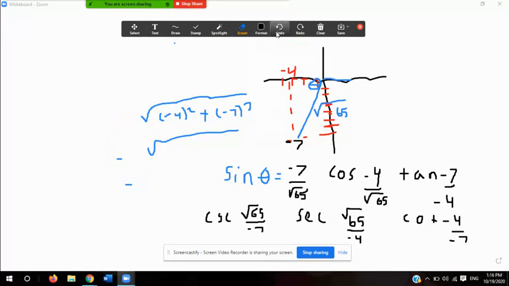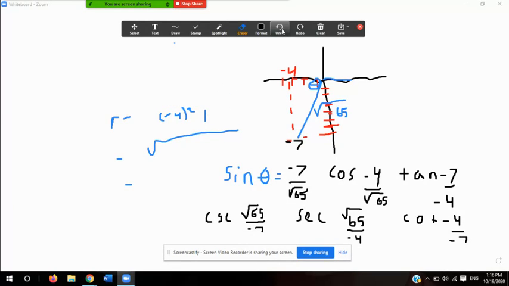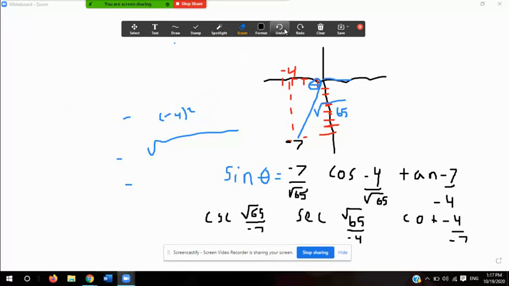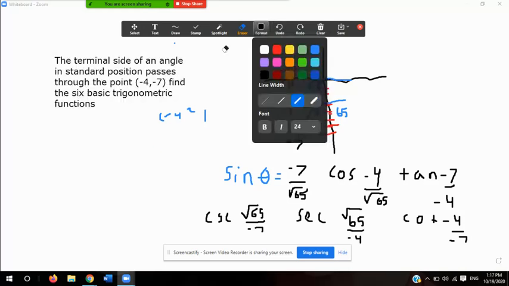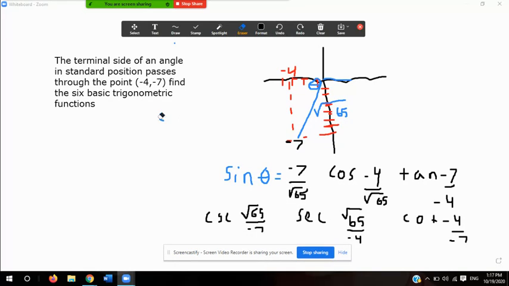And of course, we have the cosine and the sine functions, whose denominators do need to be rationalized. Now let's rationalize these denominators.